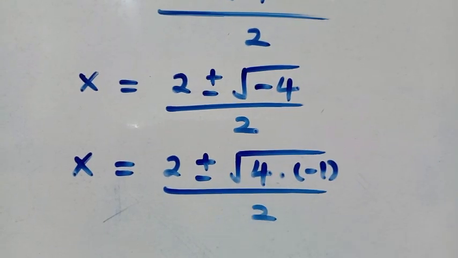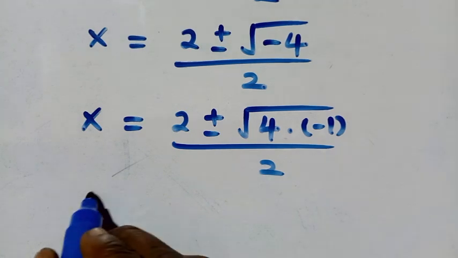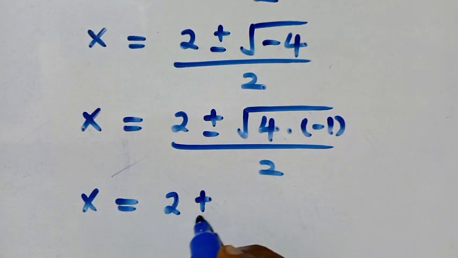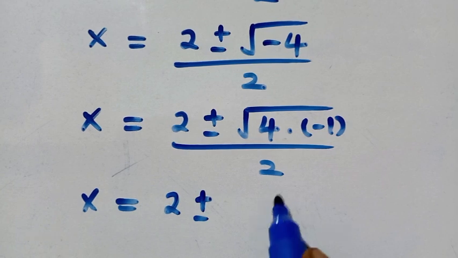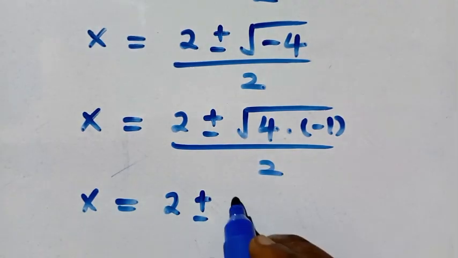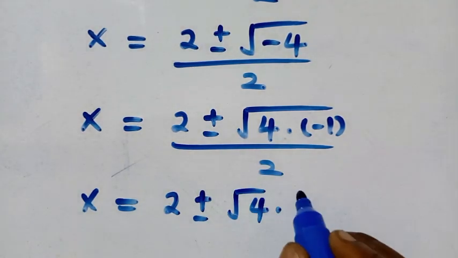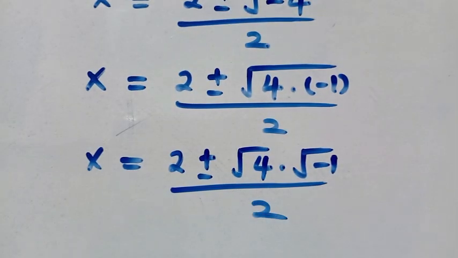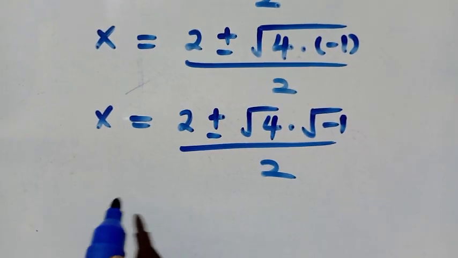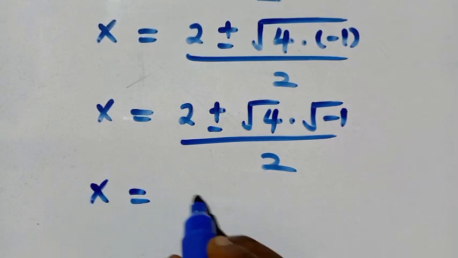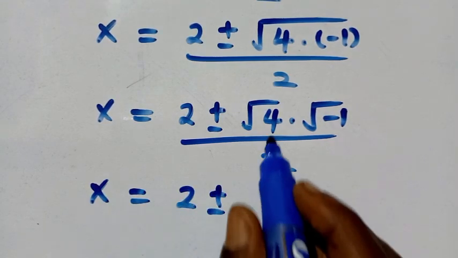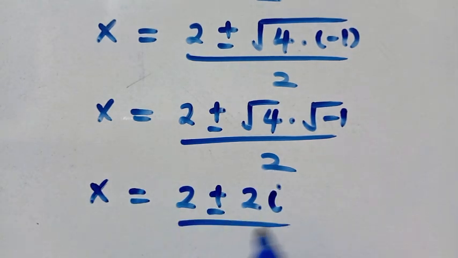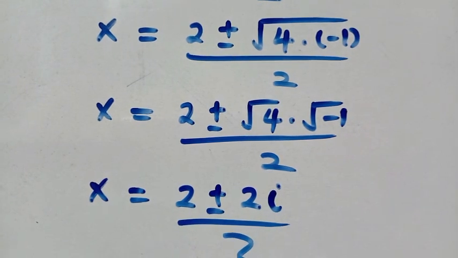Separating, we have the square root of 4 multiplied by the square root of minus 1, divided by 2. The square root of 4 is 2, and the square root of minus 1 is i, divided by 2.